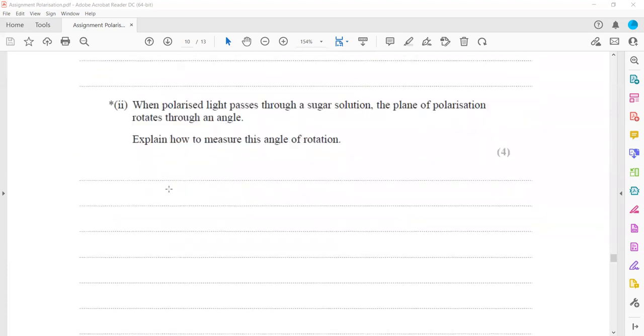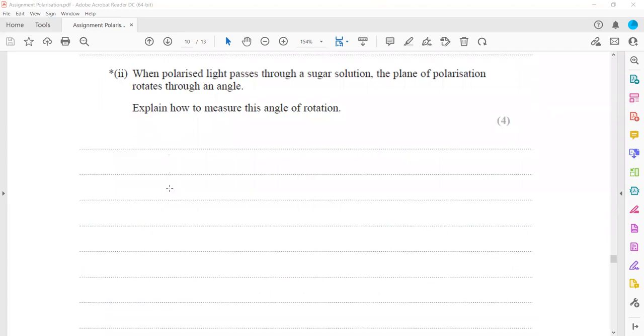Okay, sir. Okay. The next one: when polarized light passes through a sugar solution, the plane of polarization rotates through an angle. How to measure this angle of rotation? Like what they mean here, for example, we have a container filled with a liquid and we are passing polarized light through it. When it passes through, it rotates the polarized light, because polarized light can be rotated as well.